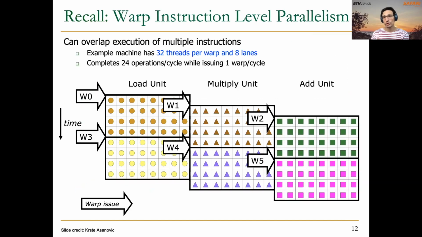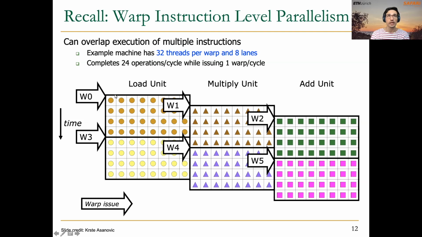And as I said before, depending on how many threads we have inside the warp, and also how many execution units we have in each of the functional units, we can have more or fewer threads being launched and executing the instruction at the same time. In this slide in particular, we assume that the number of threads per warp is 32, and we assume that the number of lanes is 8.